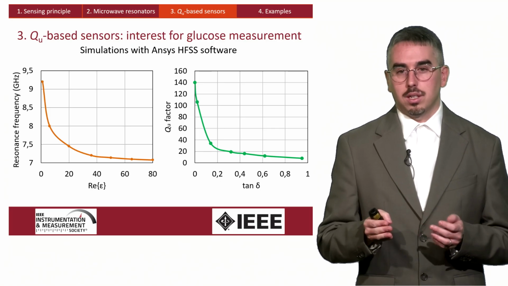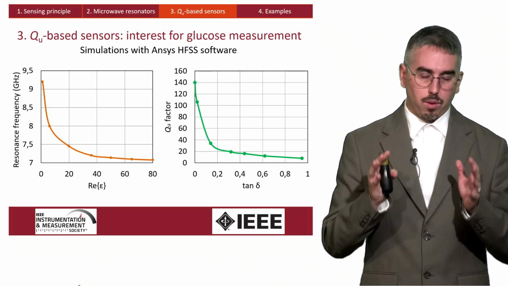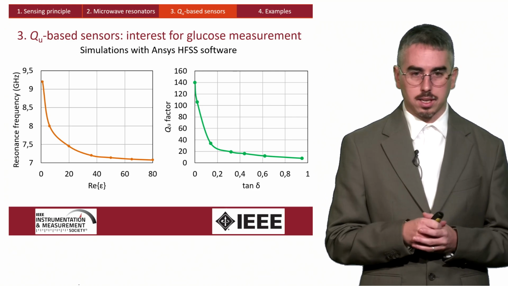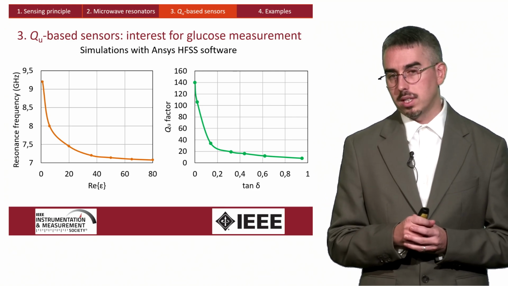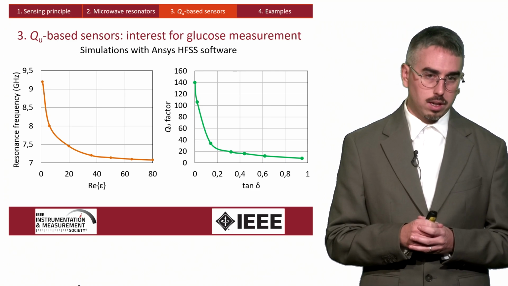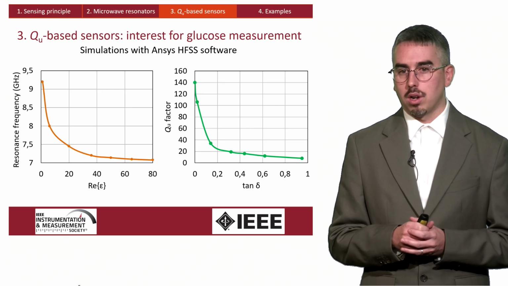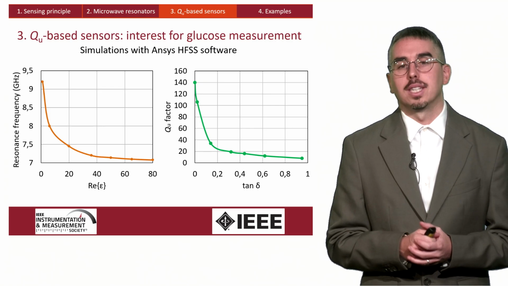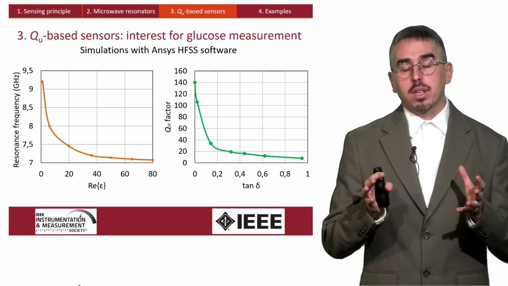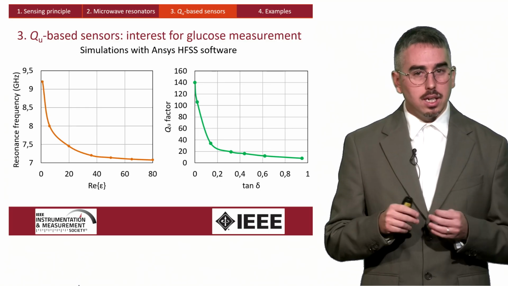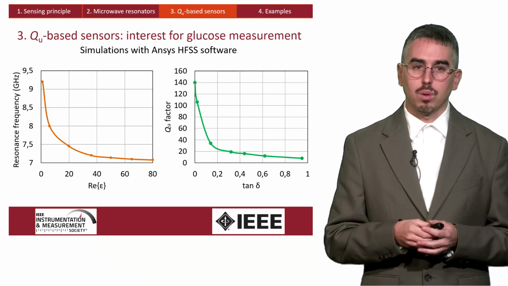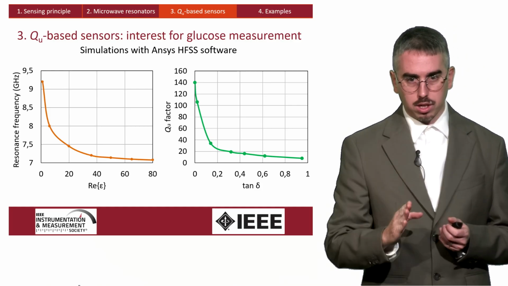In this case, just for brevity, we are only analyzing the resonance frequency against the real part of the permittivity of the sample, and the unloaded quality factor against the loss tangent of the sample.